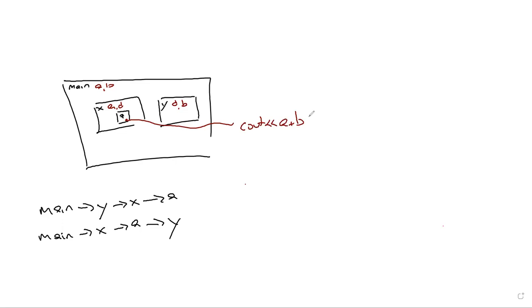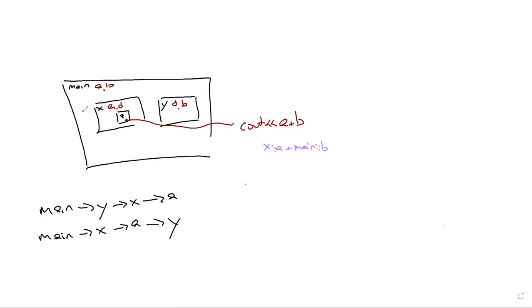One option is that the A we're talking about is the A of X, and the B we're talking about is the main B. I think everybody would agree that this is a valid option. Notice that Z has neither A nor B, and therefore it's looking at the outer scope and it finds A of X, but it still does not find B. And then we go further out and we find B of main, so we have A and B. That could be a valid interpretation.